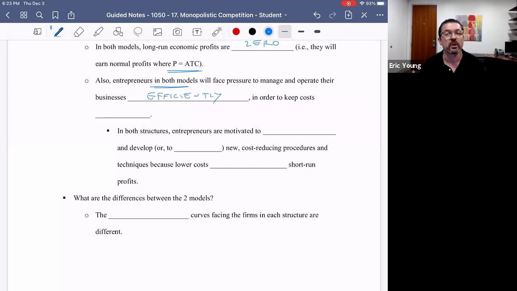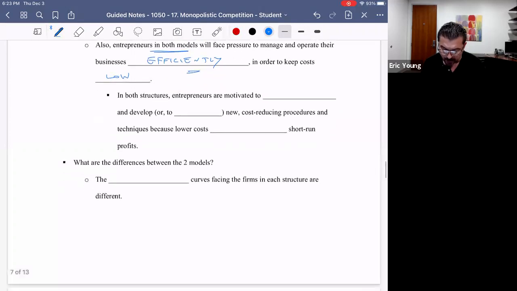And this is critical because you need to run your business efficiently in order to keep your costs low. And we know that if you don't keep your costs low, you're going to go bankrupt eventually. You're going to get hurt eventually. The market will ultimately punish you.